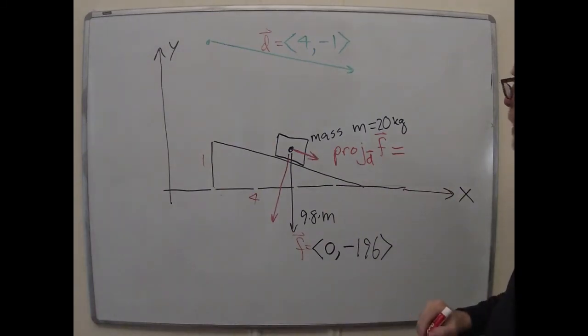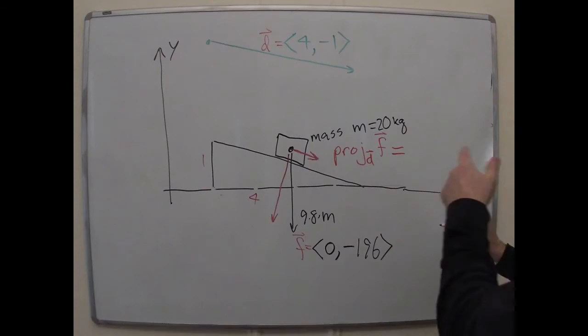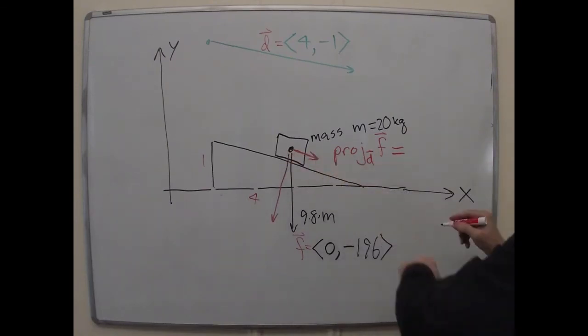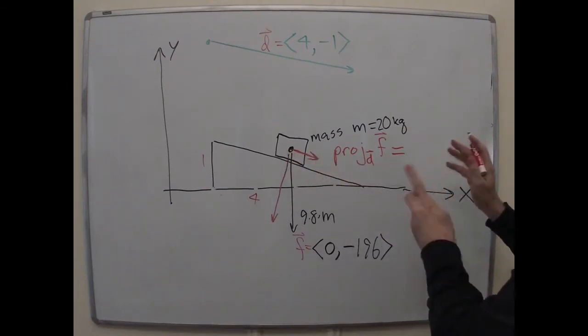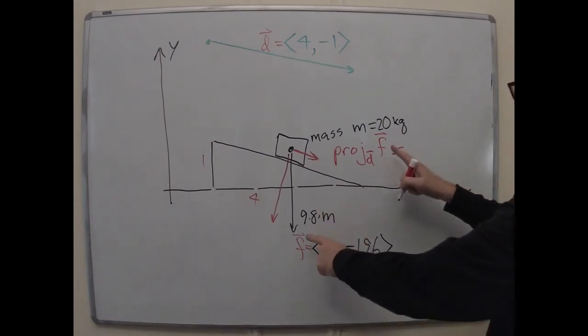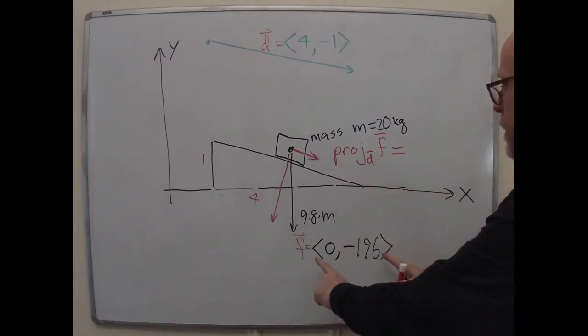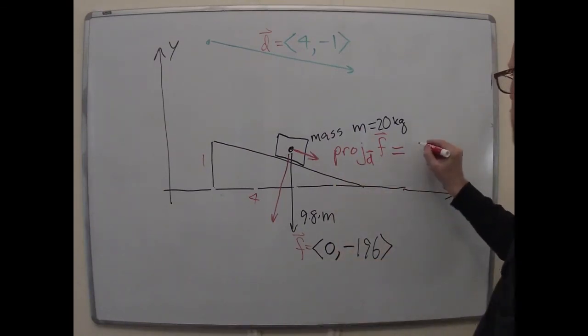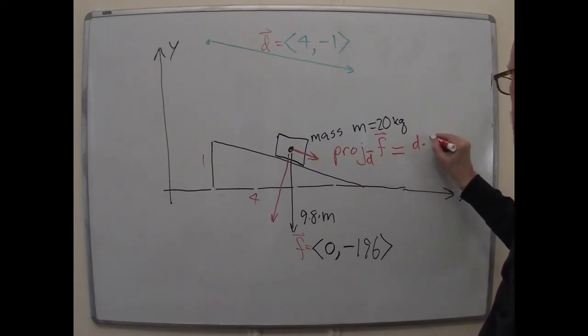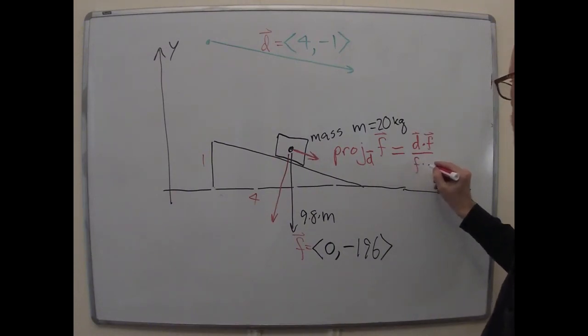And how does that work again? The direction of it, it's in the direction of D. And the magnitude of it, or sorry, the appropriate scale factor is the dot product of D and F divided by the dot product of F and F. That is, it looks like D dot F in the numerator and F dot F. I am definitely wrong.